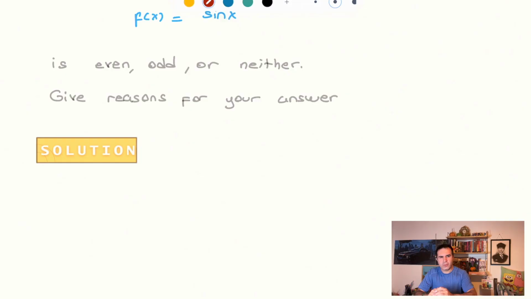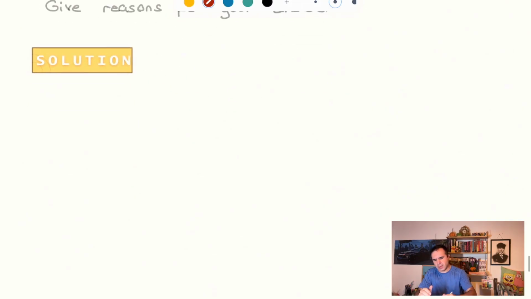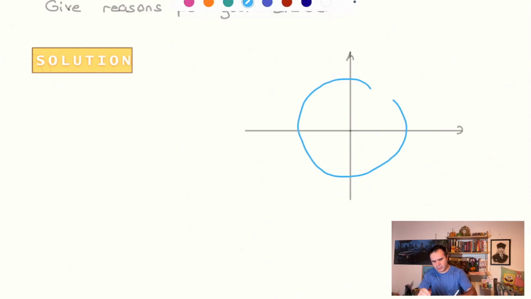For this function, you should know sine of x, and maybe you may not know sine x, so I will draw a unit circle to examine the function. This is the unit circle here.